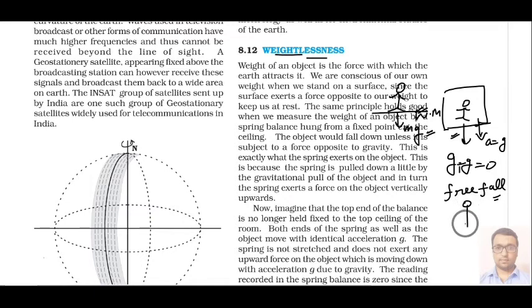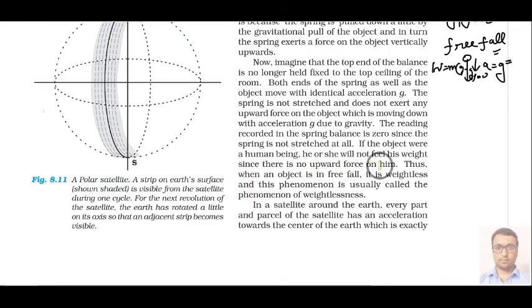If a body is falling under free fall, that means its acceleration a has become equal to g. In that case, if I ask you what is the weight of the object, you will say its relative acceleration is g minus g, and this will be equal to 0.